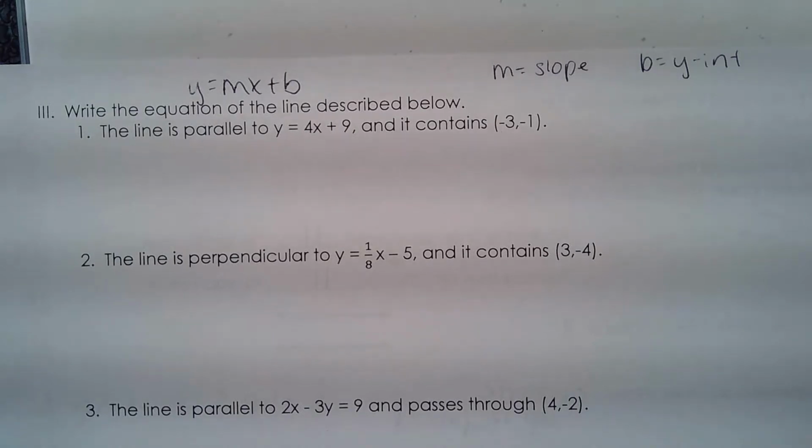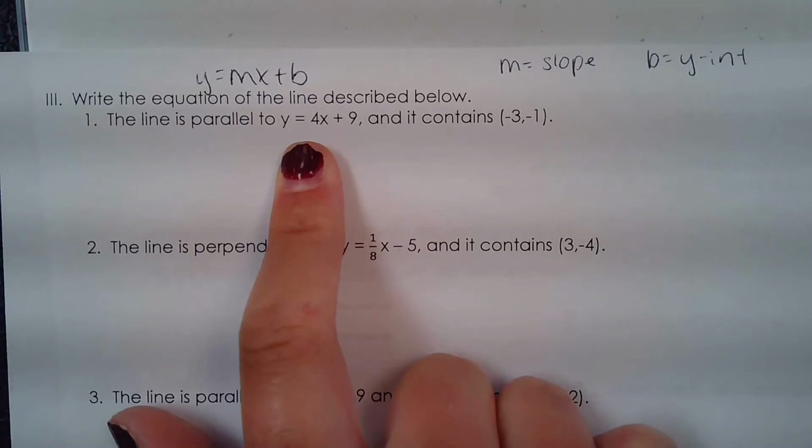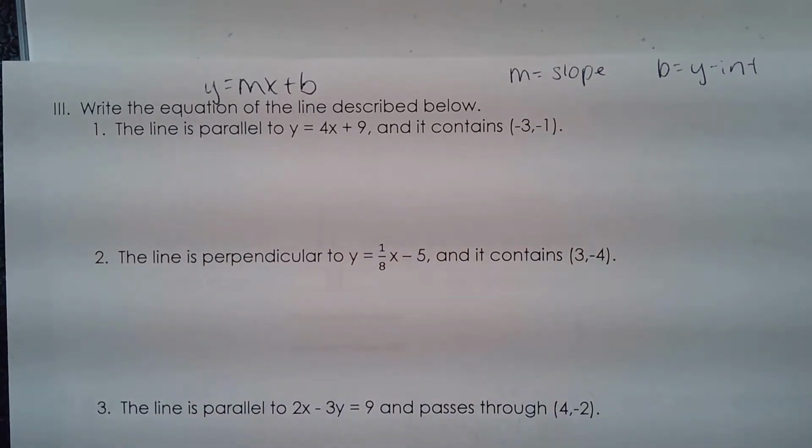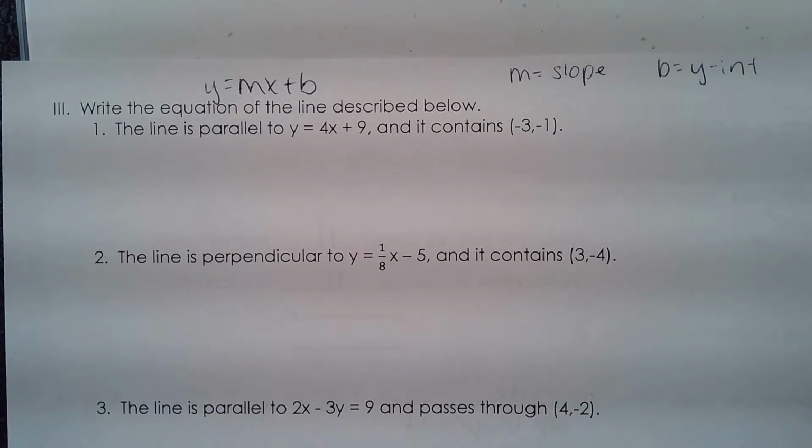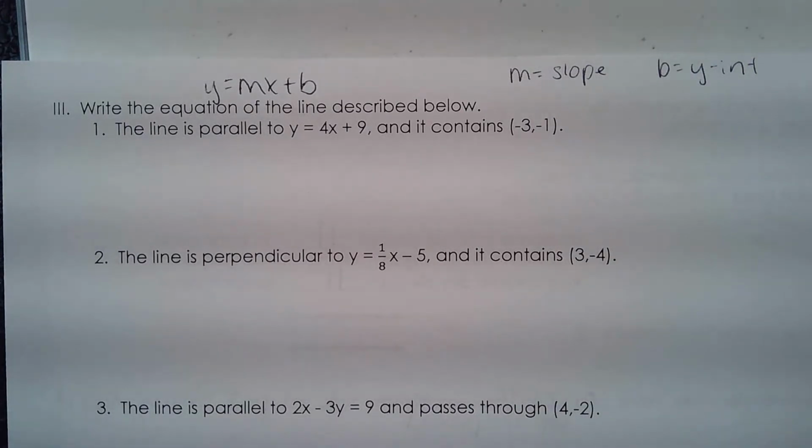So for the first one, it wants us to write the equation of a line that is parallel to this one and contains this point. Earlier I said anytime they tell you something is parallel, what do we need to be thinking? Same slope. If they mention that it's perpendicular, you're thinking opposite reciprocal. So you're always looking at your slope with either of those two words, okay?